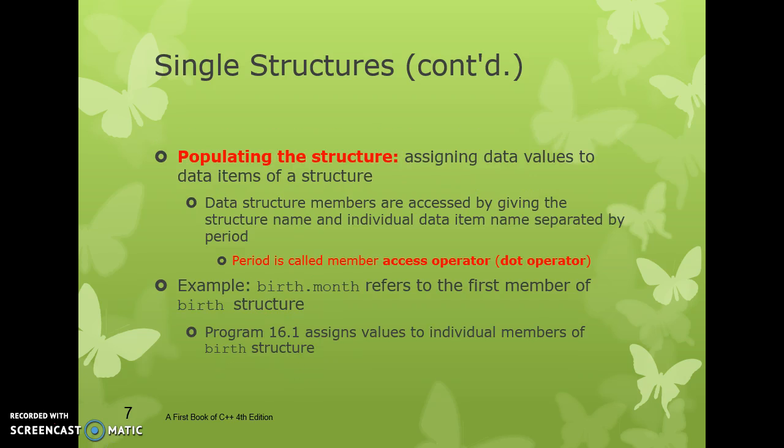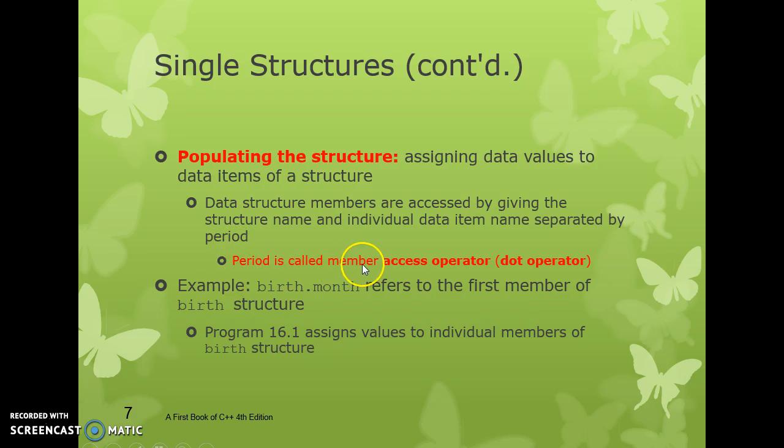Next, after you have declared the members of the structure, you start to assign data values to the data items of the structure. This exercise is called populating the structure. Data structure members are accessed by giving the structure name and the individual data item separated by a period.